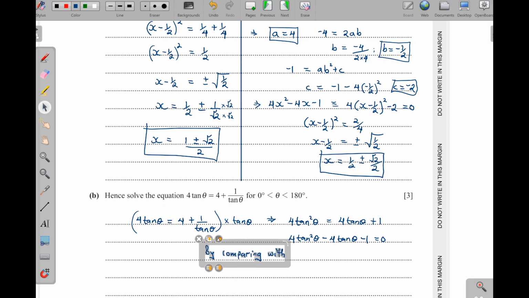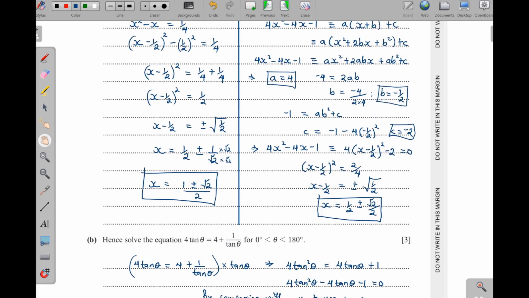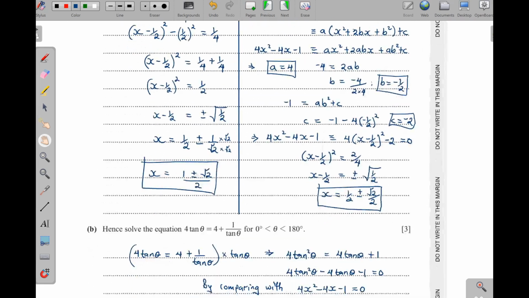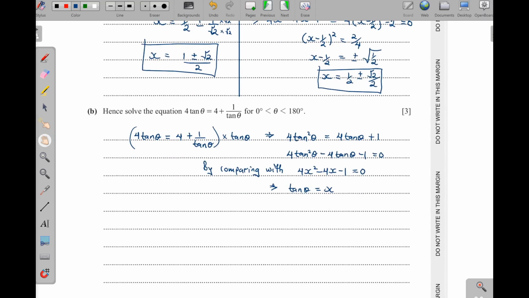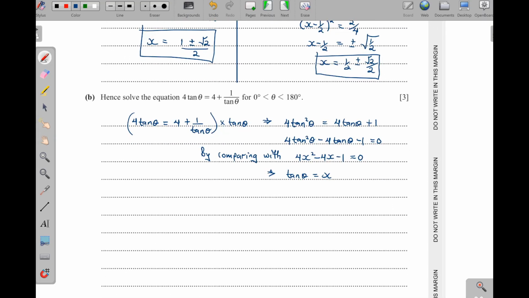So by comparing with 4x squared minus 4x minus 1 equal to 0, which we have in part A here, this simply implies that tan theta is equal to x. Are we there? Then we are going to split it into 2.